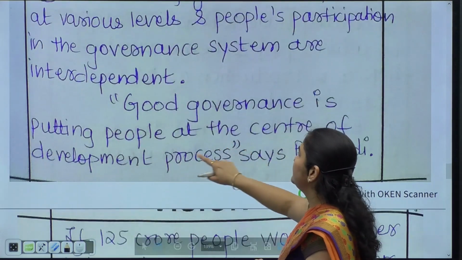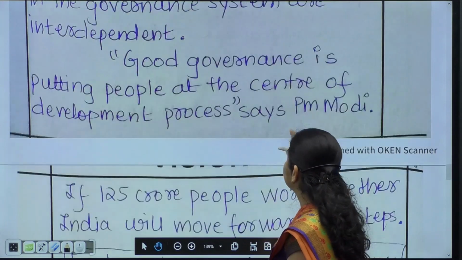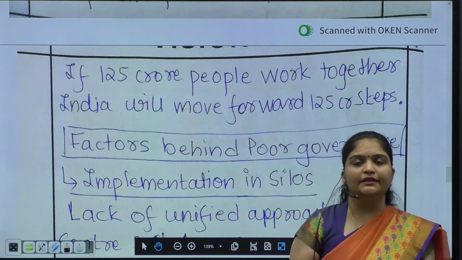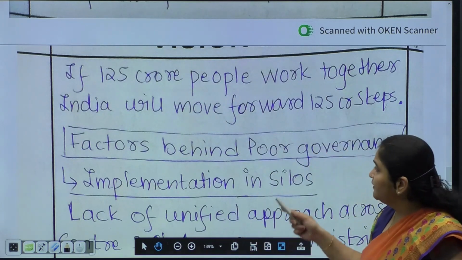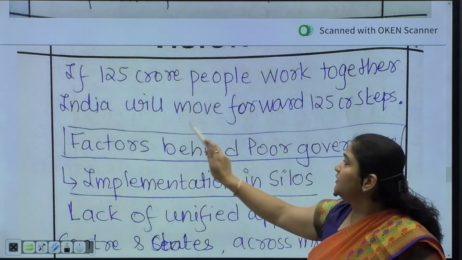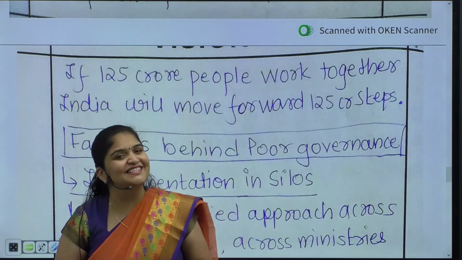So good governance is putting people at the center of the development process, says Prime Minister Modi. Then you say, if 125 crore people work together, India will move forward in 125 crore steps.